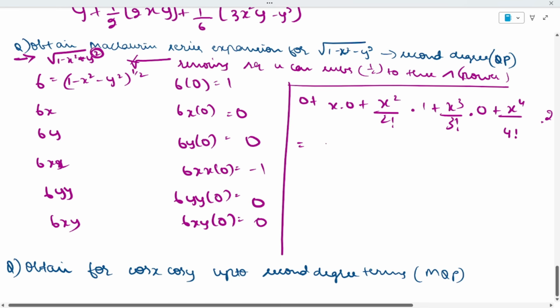That will give you x square divided by 2 factorial plus x power 4 divided by 12 is the expansion for the particular question.